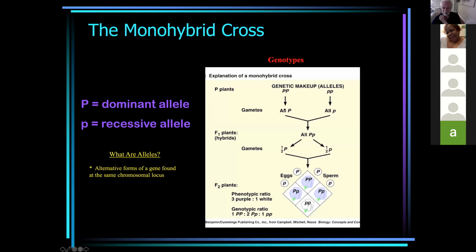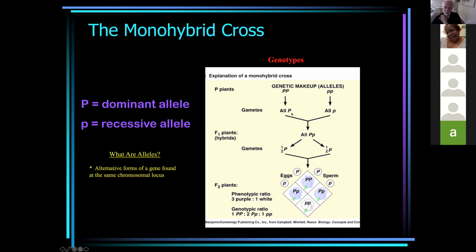So if you cross big P, and we know it's big P because it's inbred. We know it's little p because it's inbred. And so the purple parent can only make big P gametes, sperm and eggs. The white plant can only make little p.